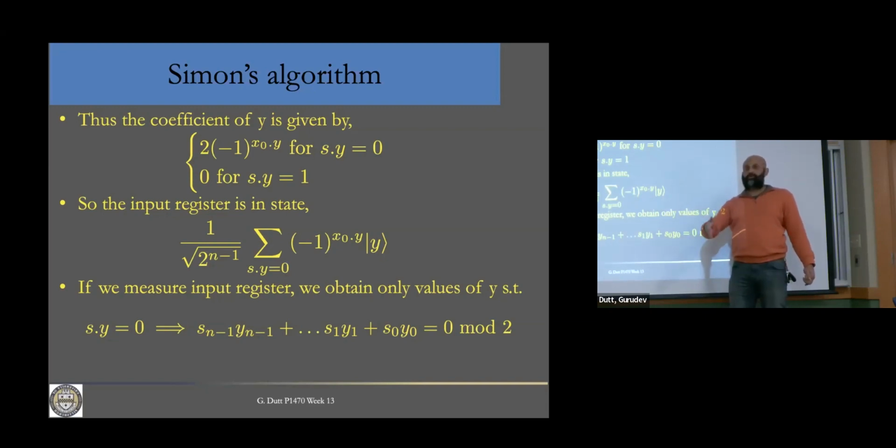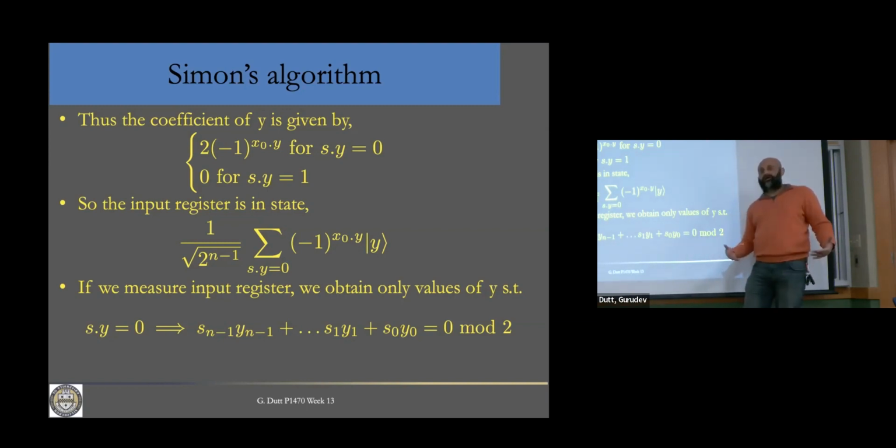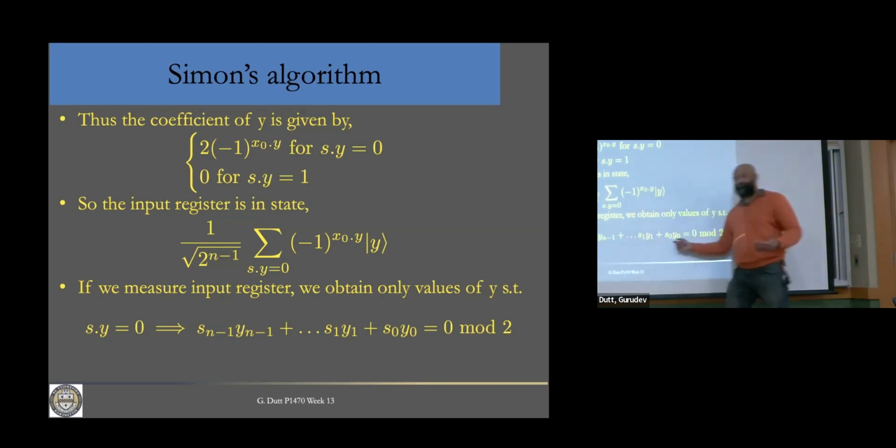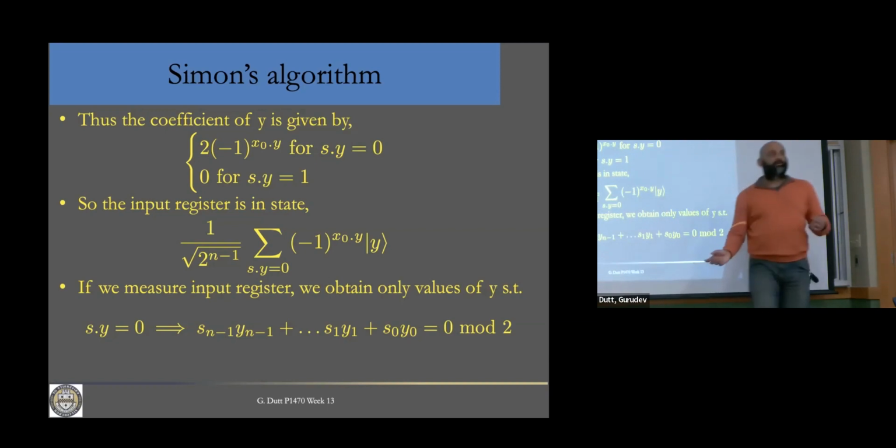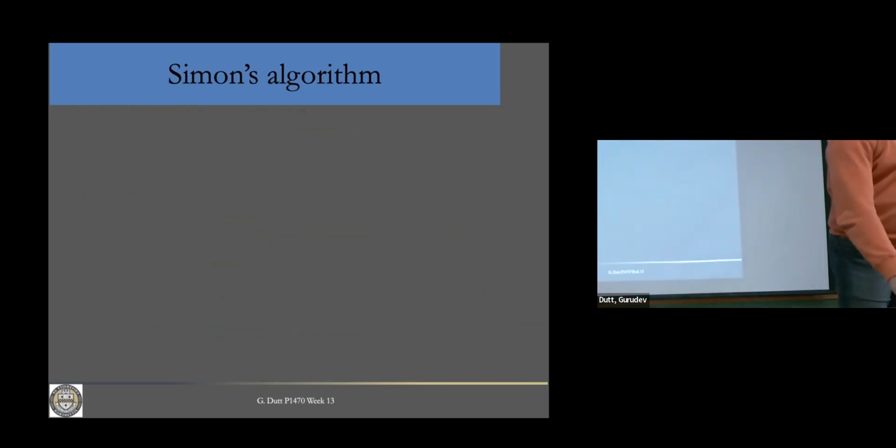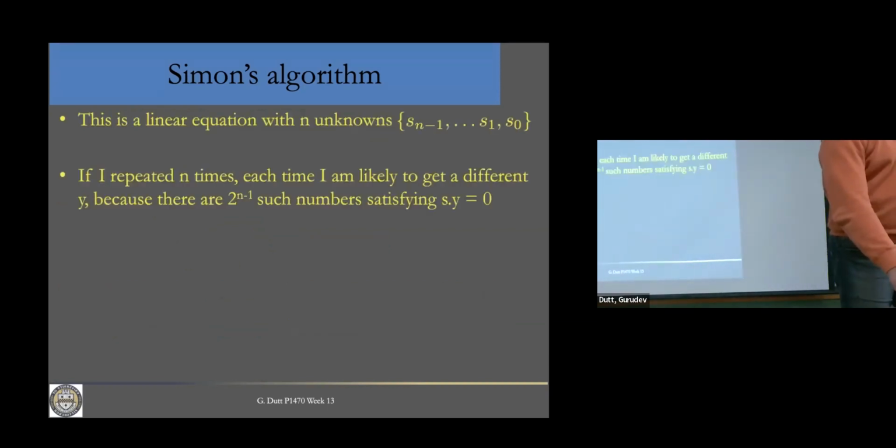When we measure, the input qubits will get some pattern of y. We don't know what pattern. In any given run of the computer, we'll get some pattern y, but those will be known to us. So these y n minus 1 through y naught are known values, 1, 0, 1, 0, whatever they are, and we'll put them back into this equation. So this is a linear equation with n unknowns.